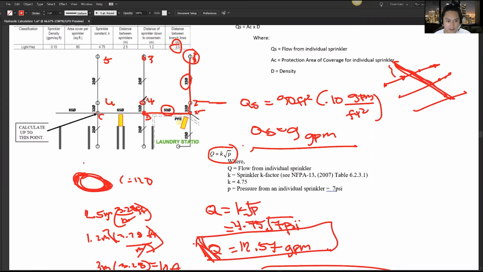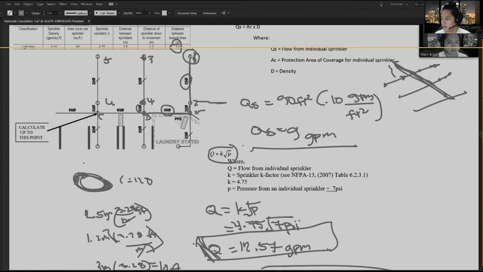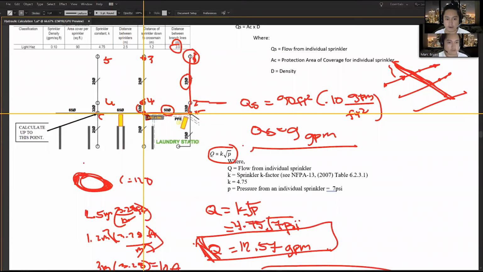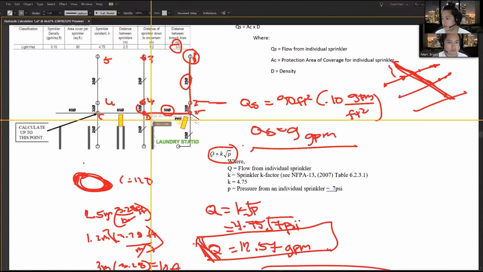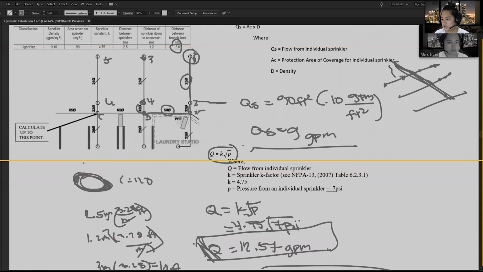We won't be calculating sprinklers 3 and 4 because they are symmetrical with 1 and 2. However, in order to do that, we need to use this formula. This is actually for flow adjustments. Since the pressure is increased at point B, we need to know how much water will actually flow through the second branch line. This is the formula.